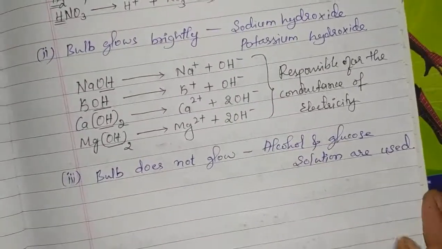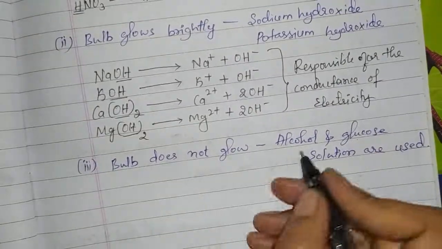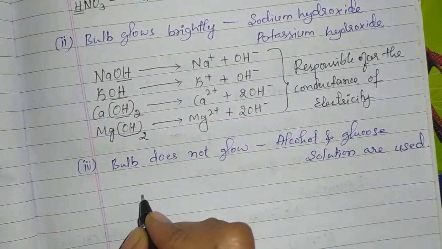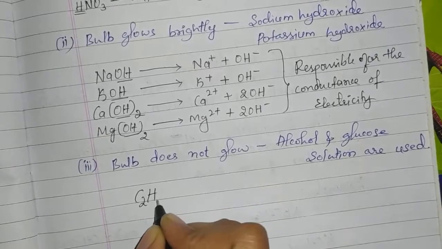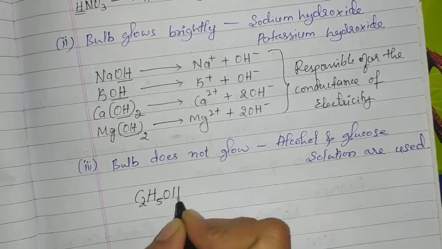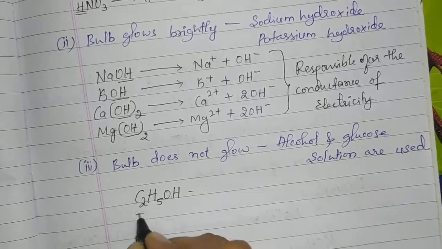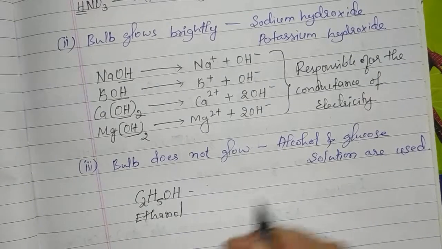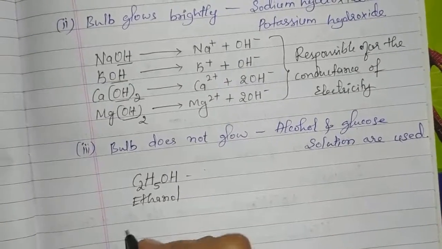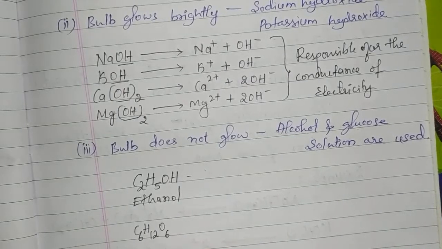But when we repeat this same activity with alcohol and glucose, for example, if we take ethanol, the chemical formula of ethanol is C2H5OH, and the chemical formula of glucose is C6H12O6.